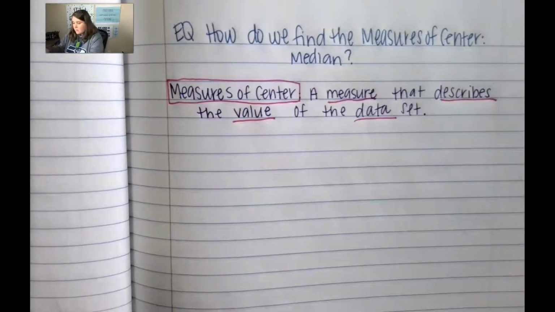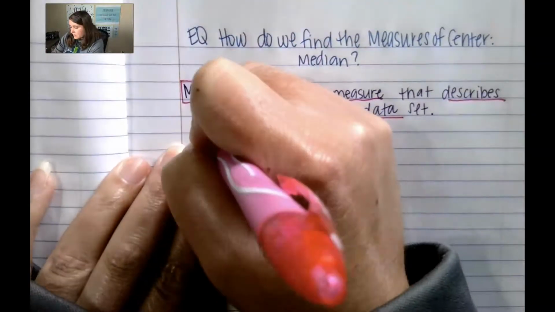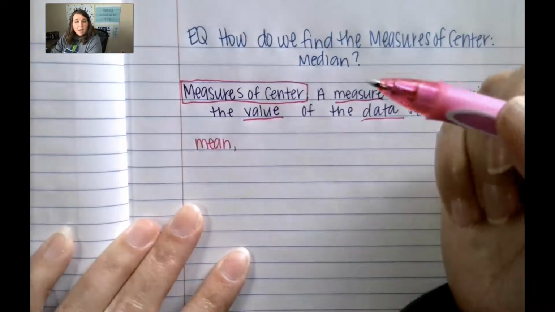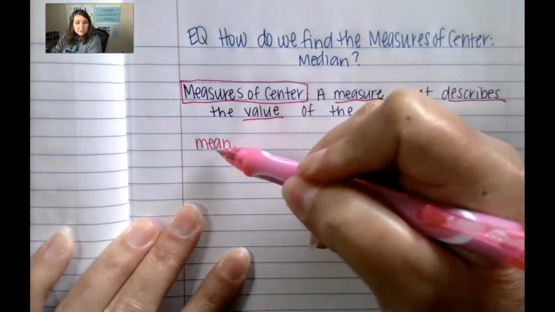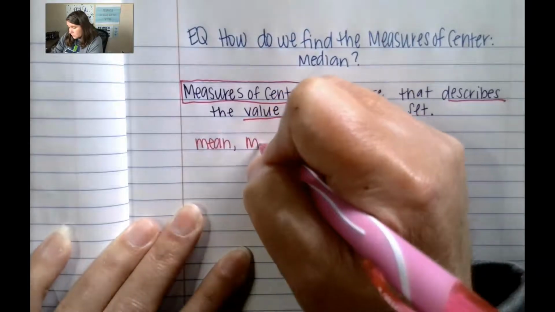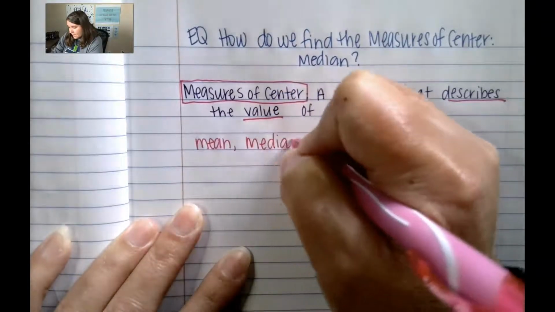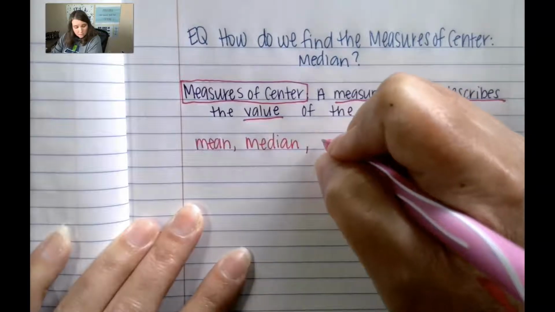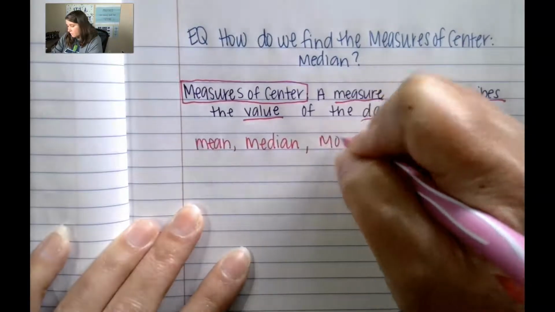So, like I said, we already learned about the mean, which was the average. And we can remember mean means average because there's an A in the middle. We're also going to be looking at the median today. The median. And then last, we're going to be looking at the mode.